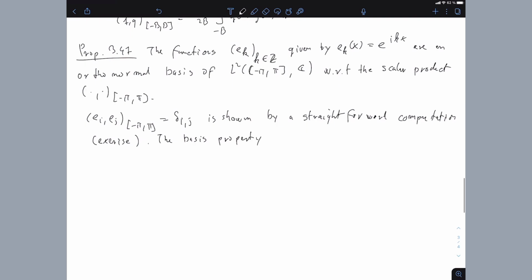So the basis property can be shown using corollary 340. So the one that we just recalled, 344.